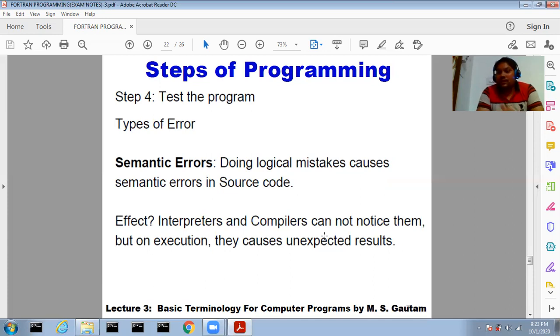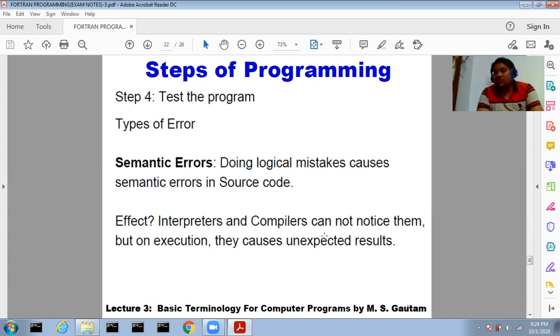If we accurately find out the logic and define it at appropriate places where it is needed, then our program may not contain logical errors. Otherwise, it is very difficult to find logical errors in the program. If there are some logical errors, that means the output of our program will be affected. We cannot find an accurate result, and the accuracy of our program depends upon the absence of logical errors.